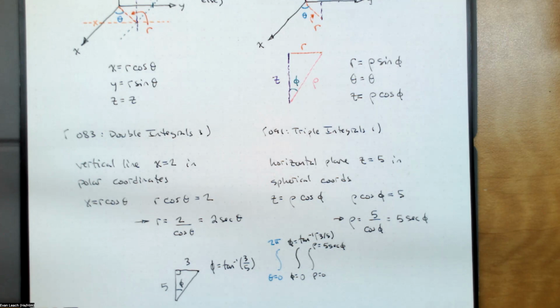All right. So that's how we get flat stuff that's not through the origin in cylindrical and spherical and polar coordinates. We just rely on those relationships. Things like vertical lines and horizontal lines are very easy to describe in rectangular coordinates.